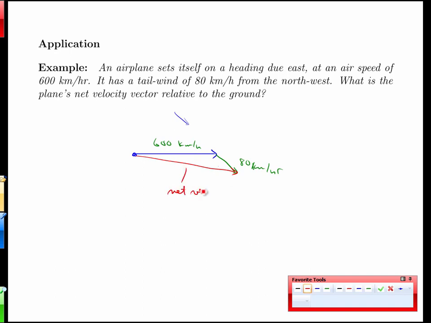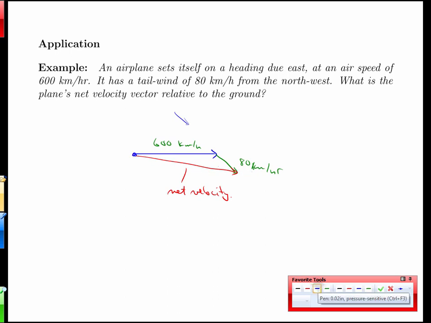This is the net velocity. Okay, so I've drawn it, but that doesn't really answer the question of what that vector is yet. We would like to go to components so that we can get the component representation: how much east, how much south is the makeup of this net velocity.